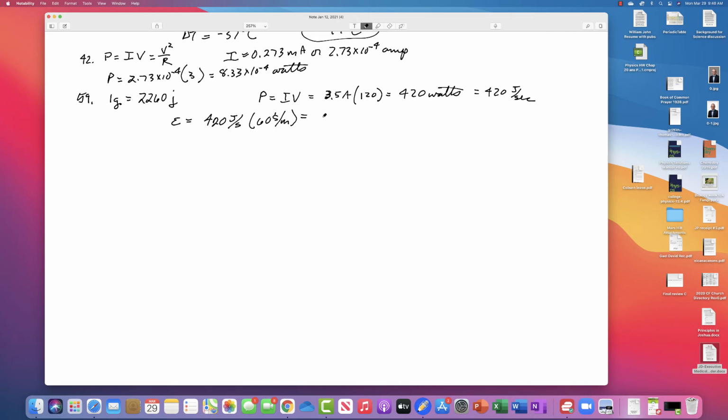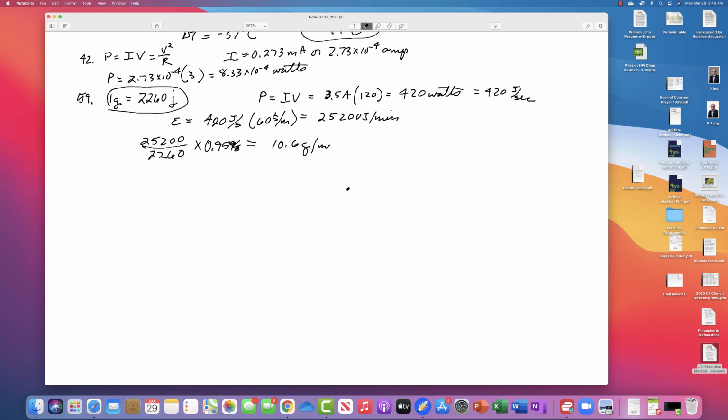If you multiply that out, you get 25,200 joules per minute. Since it takes 2,260 joules to vaporize 1 gram of water, you take 25,200 and divide it by 2260, then put our 95% efficiency in there, and that gives you 10.6 grams of water per minute.